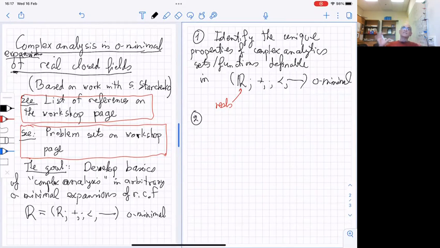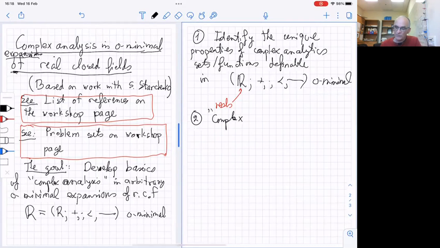This could have been a class. Take the reals with the analysis that we know and try to understand what is true or not true for particular, not arbitrary objects, but objects definable in o-minimal structures. Now, another level of generality we could have done is to say, okay, we are doing model theory.